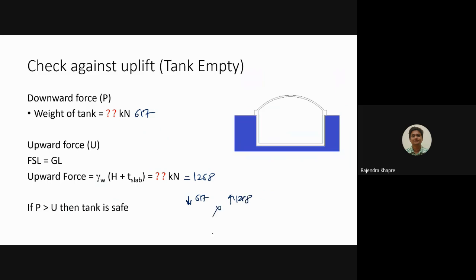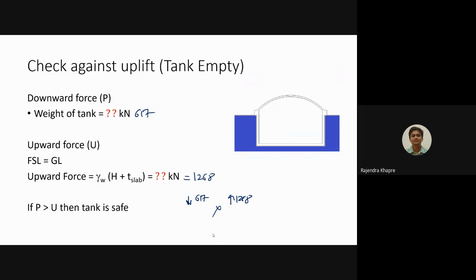This is not going to work, right? In this case, the groundwater is going to create a pressure which is not getting compensated by the self weight of the structure. So because of this, your tank will be uplifted.